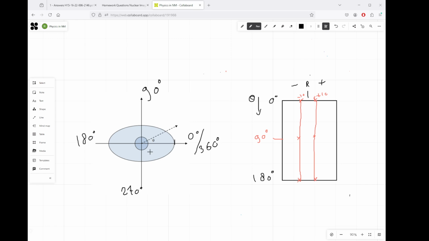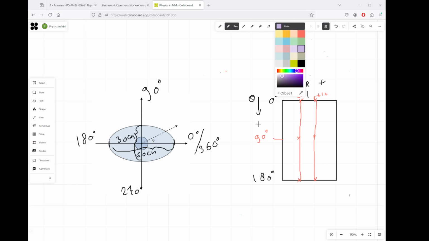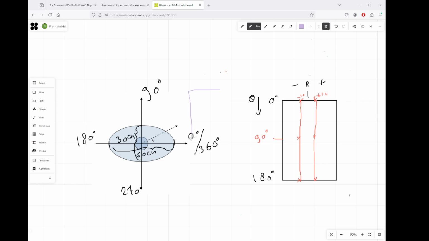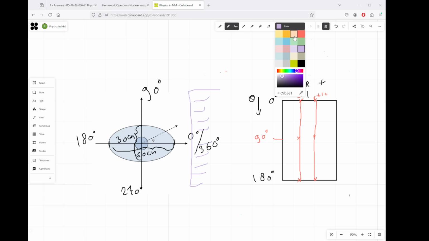From here till here, that line is 50 centimeters, and from here till here is 30 centimeters. Let's add in our detector over here, and again put in the marks.